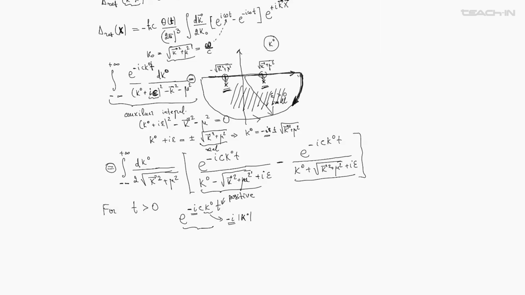So for t bigger than 0, I'm forced actually to close my integral below the real line. In other words, in the lower half k0 plane.